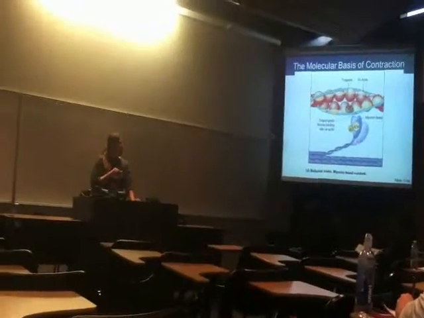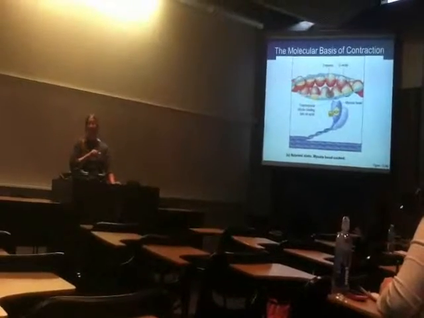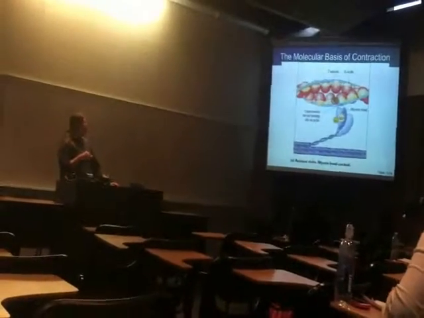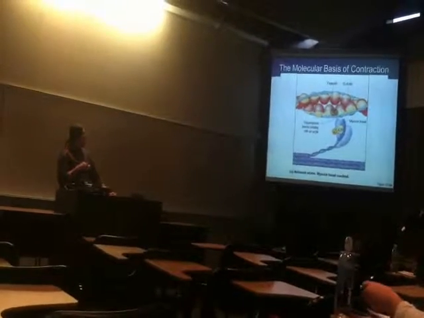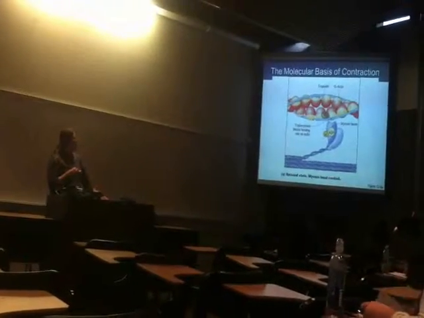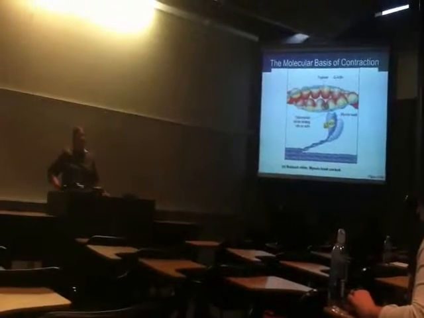Notice that the myosin head is already activated, okay? It's already split ATP into ADP and phosphate. It's activated, it's ready to go. However, if calcium isn't present, you're not going to get any contraction, okay?